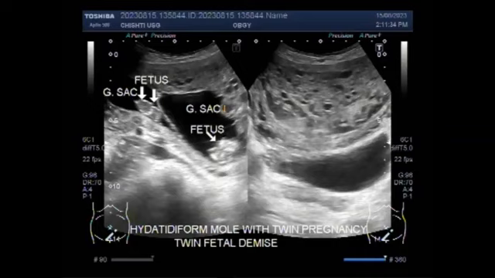So hydatidiform mole is a growth of an abnormally fertilized egg or an overgrowth of tissue from the placenta. Women appear to be pregnant, but the uterus enlarges much more rapidly than in the normal pregnancy. Most women have severe nausea and vomiting, vaginal bleeding, and very high blood pressures.